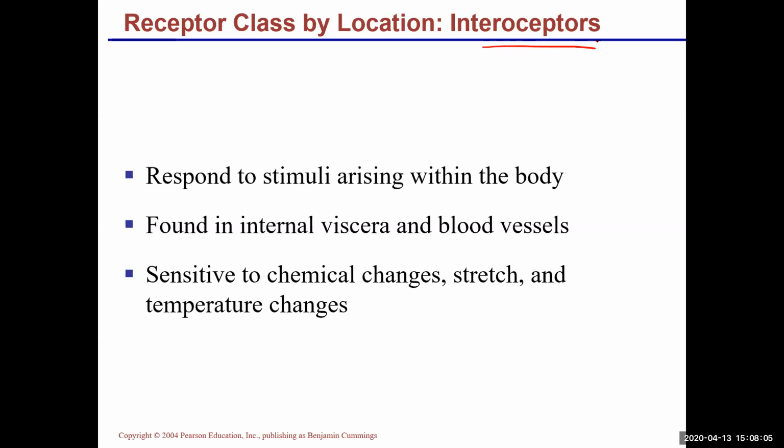Again, you could think of it as interior, inside. Found in the viscera. Visceral means what? It means organs, and blood vessels. They're sensitive to temperature, stretch, and chemical changes. For example, maybe a bee stung you, and the venom goes deep in the body.